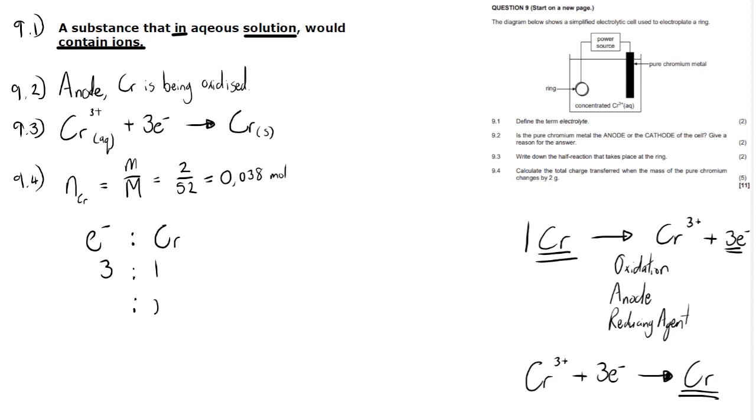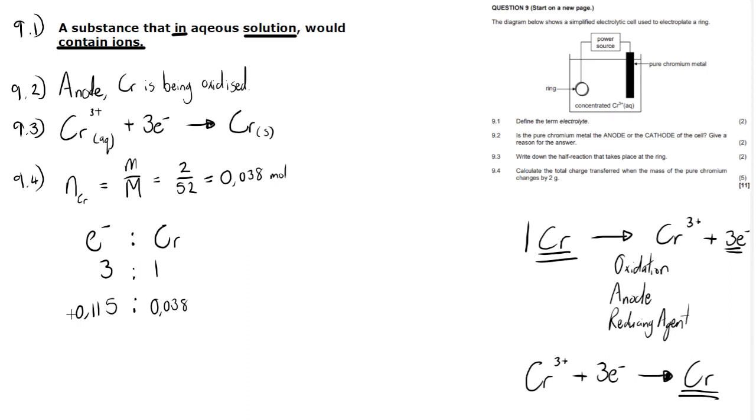And if I have 0.038 moles of chromium, it would be 3 times as many electrons, and so that calculates to 0.115. And this is the amount of moles of electrons.